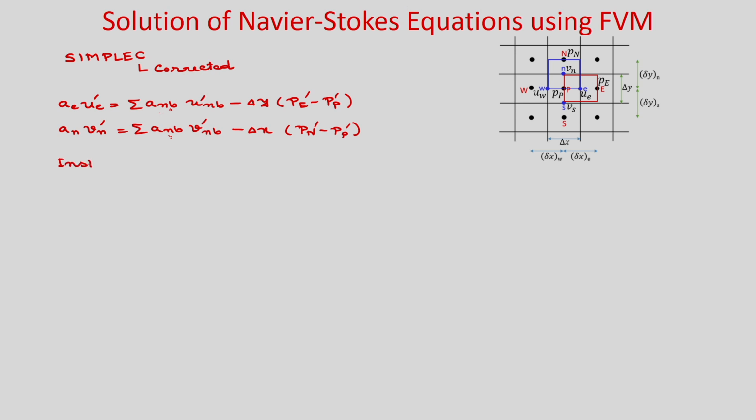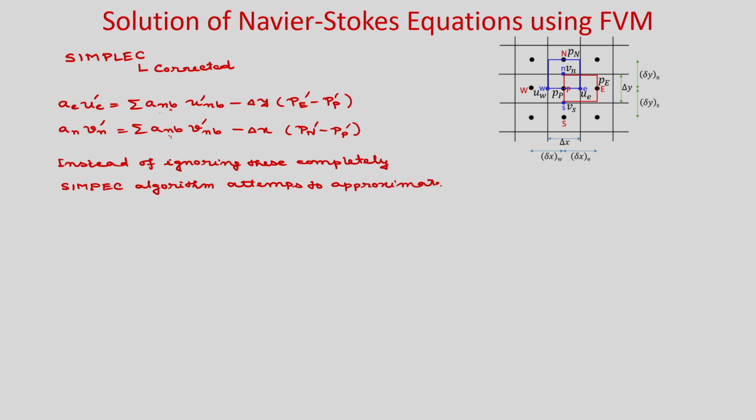So, instead of ignoring this completely, Simplec algorithm attempts to approximate the neighbor correction using cell correction as.